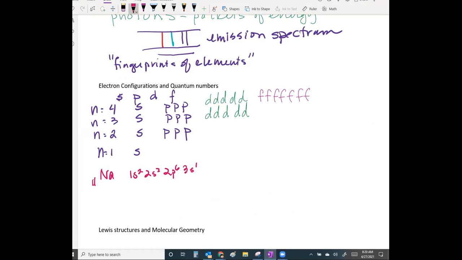Quantum numbers tell you which specific orbital you're talking about. So the n number equals energy level. The l equals orbital shape.